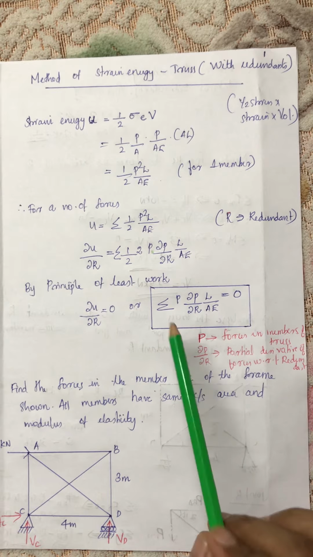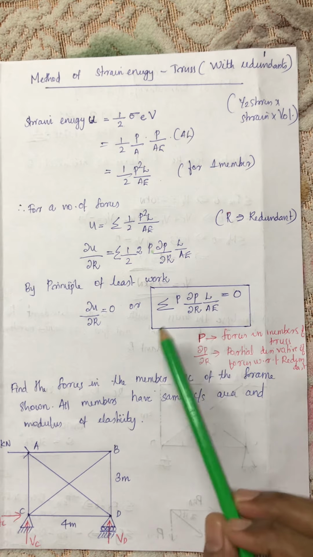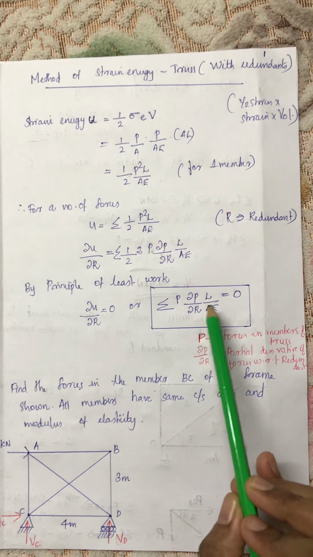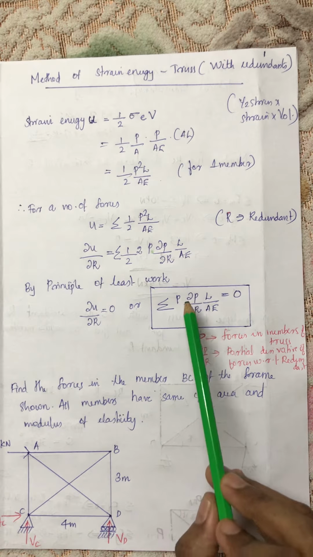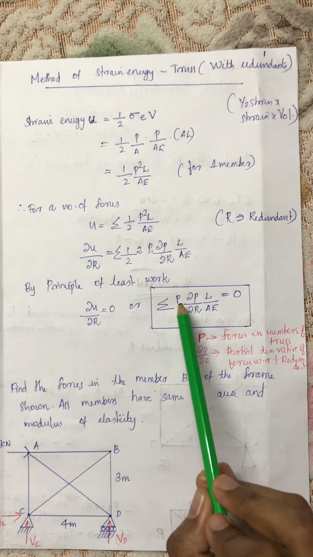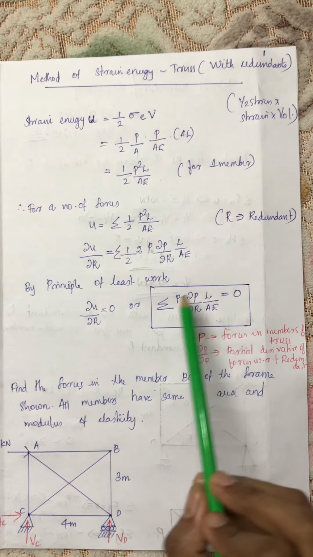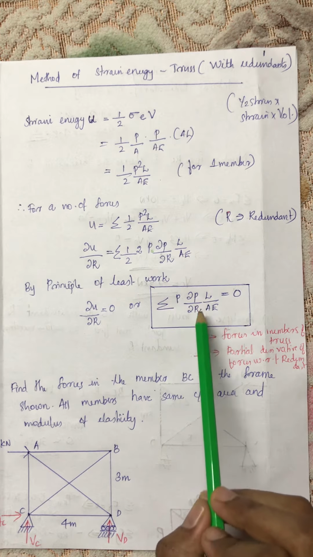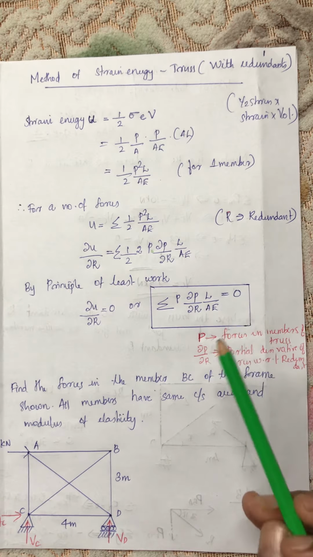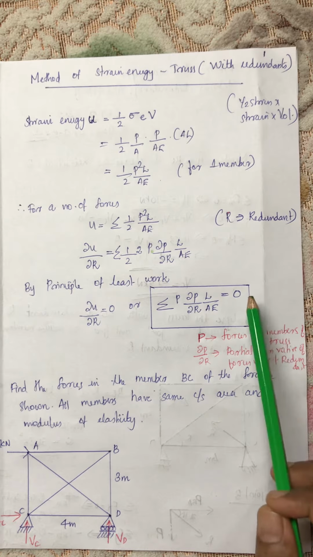So this is the equation you need to know to analyze a truss by the method of strain energy, that is summation of P into dou P by dou R into L by AE. First find the term P, that means the internal forces in the truss, then take the derivative with respect to R, then find L by AE, then multiply P into dou P by dou R into L by AE, then add all the terms for all the members and equate to 0.